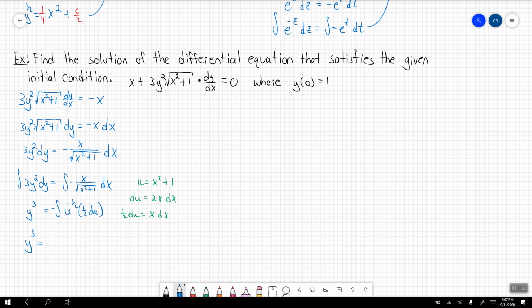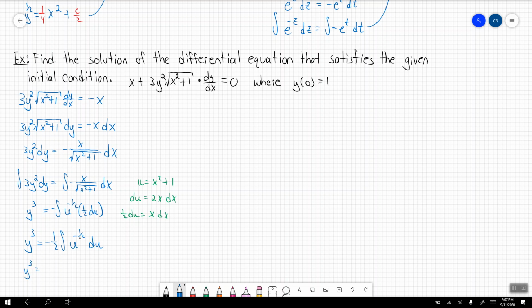This is still y cubed, negative integral, and actually I'll factor out the 1/2, so negative 1/2 integral of u to the power of negative 1/2 du. Now we can go ahead and integrate u.